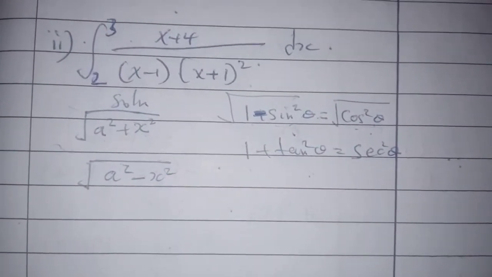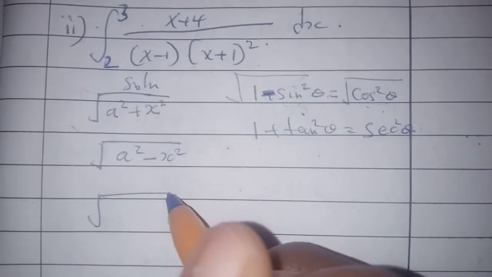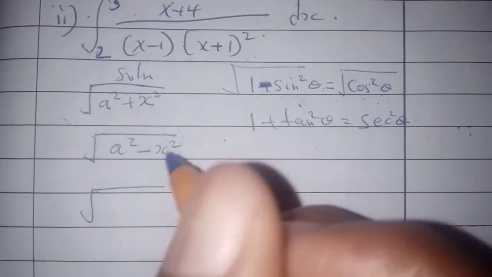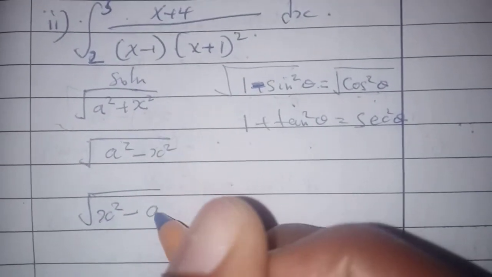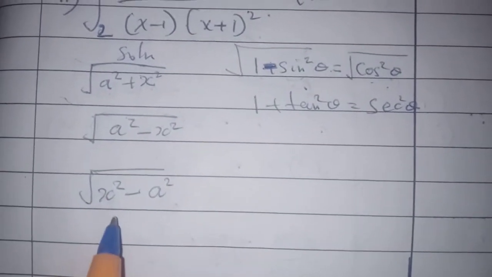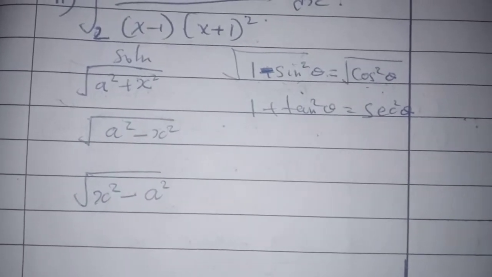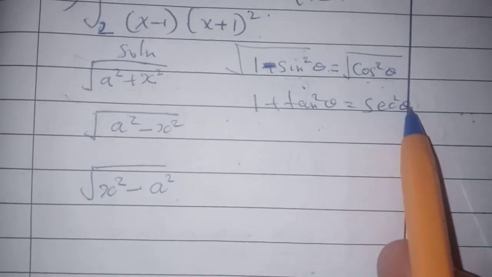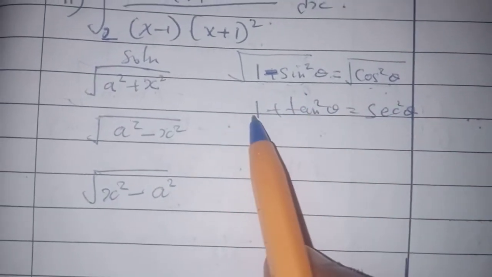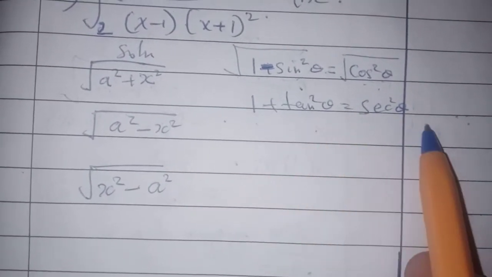So finally, we will talk about the last scenario, which is x squared minus a squared. So now we square x, then minus any number like 1. For this, just go back to the trigonometric identity and take tan.